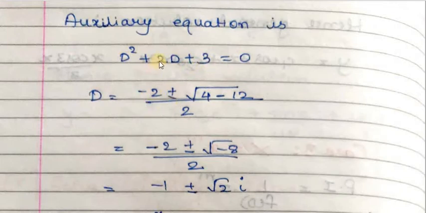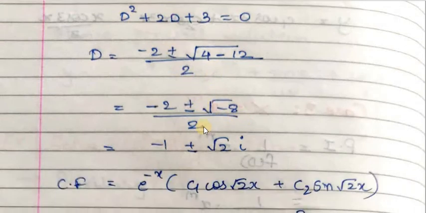So it is minus 2 plus or minus square root of 4 minus 12, divided by 2, which is minus 2 plus or minus square root of minus 8, divided by 2.